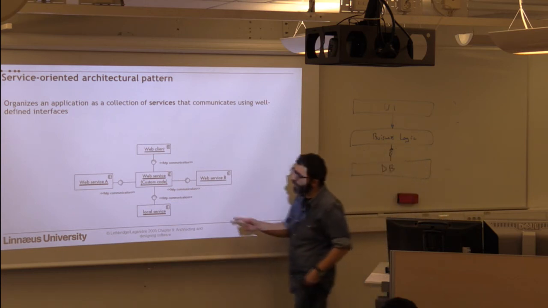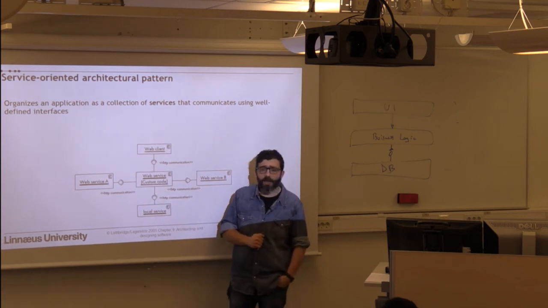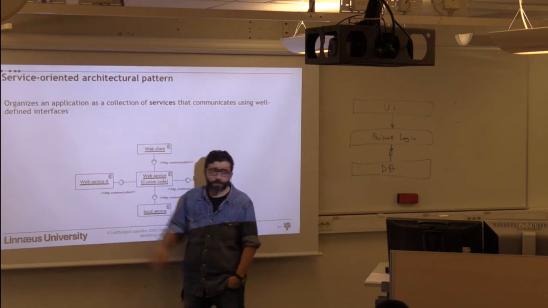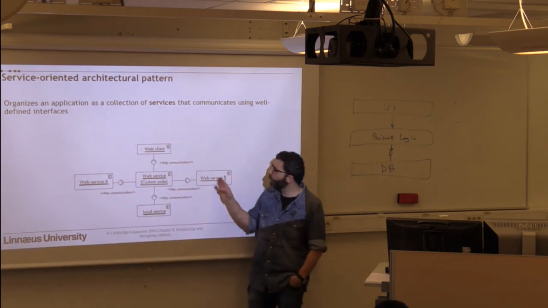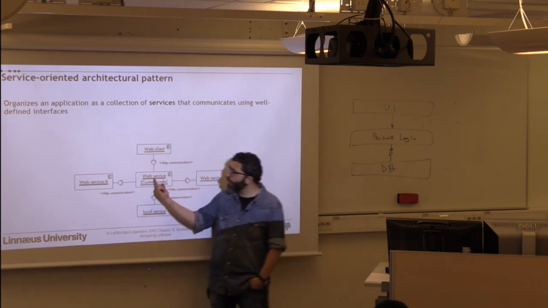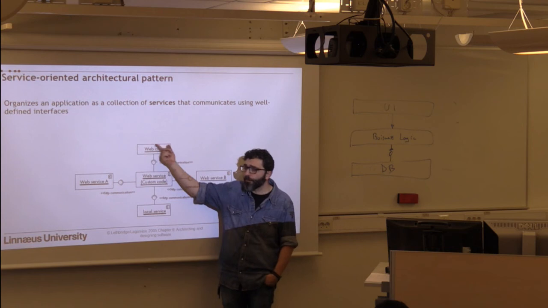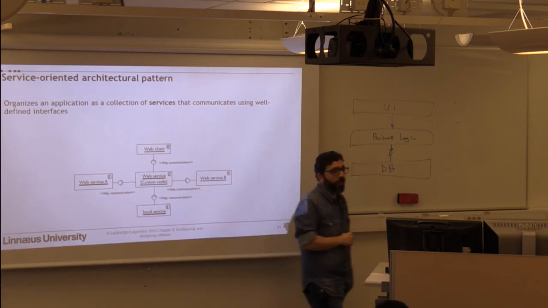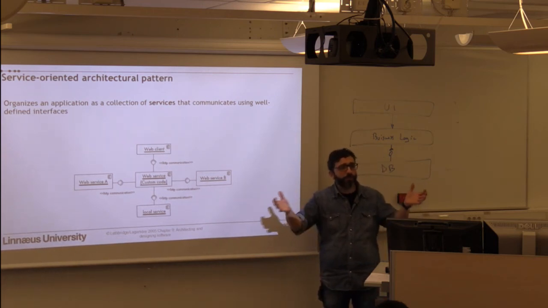For example, this web service component here is a client, because it is using services provided by web service A and the local service here and web service B, but it is also providing functionalities to another component, okay, to the web client in this case. So the idea is that we want to compose together many different servers.